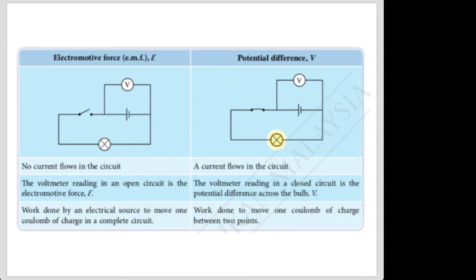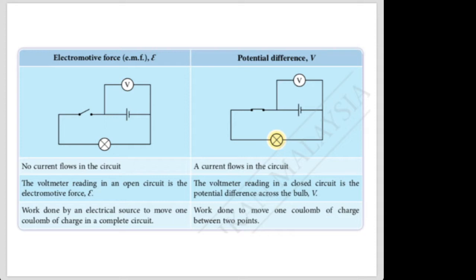The other difference is that for electromotive force, you don't necessarily have to have a current flowing to measure it. For potential difference, you should have a current flowing in the circuit. So for electromotive force, you have the voltmeter reading in an open circuit, and the voltmeter reading in a closed circuit for potential difference or voltage.